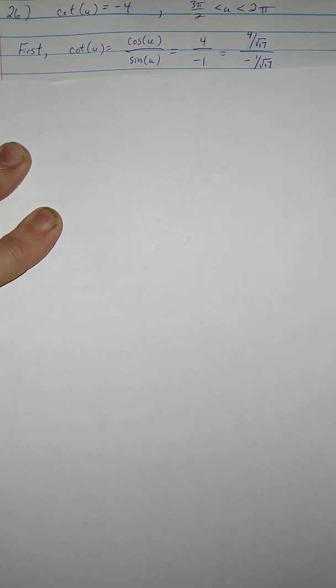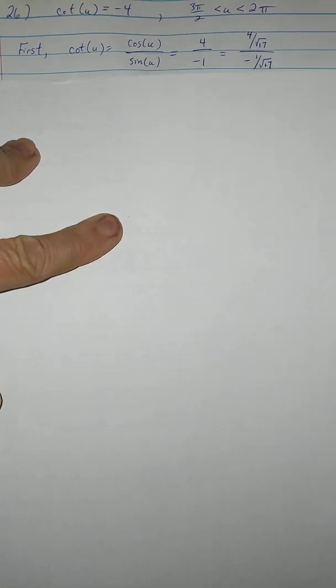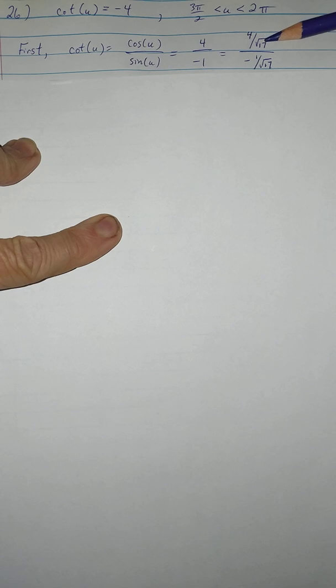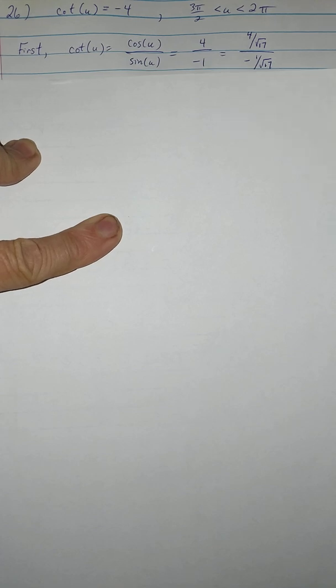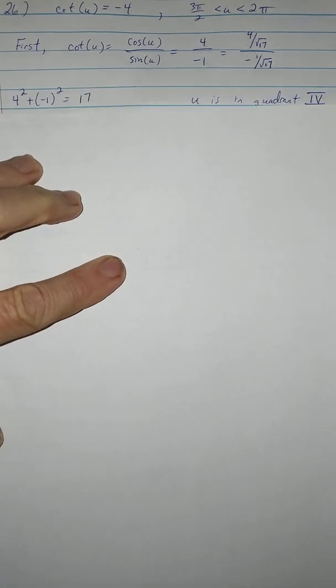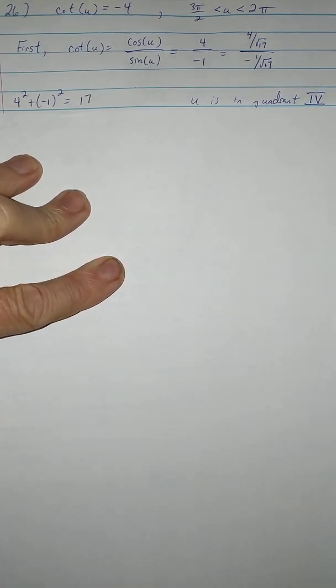The next thing you'll notice is the 4 and the -1 both now become fractions. 4 over square root of 17, -1 over square root of 17. Because there is no angle on the unit circle where cosine is ever larger than 1. So what I had to do was convert these values into values that would belong to the unit circle. And I did that by using the Pythagorean Theorem.